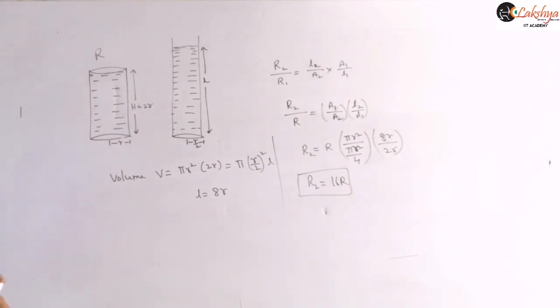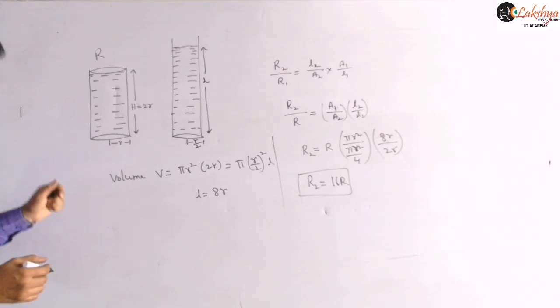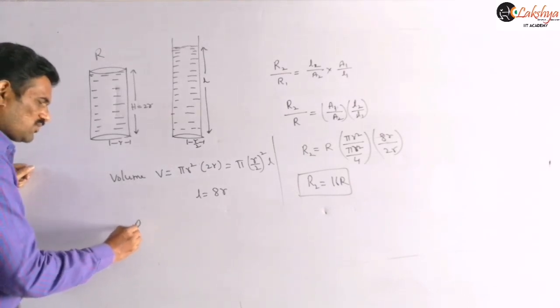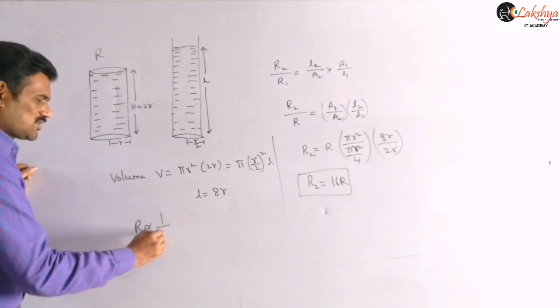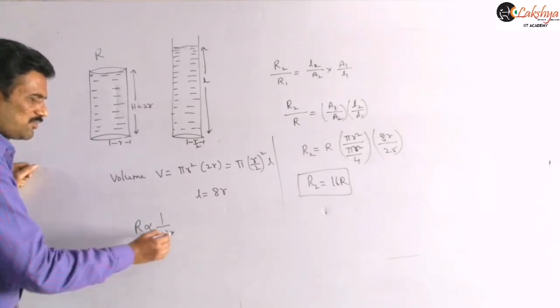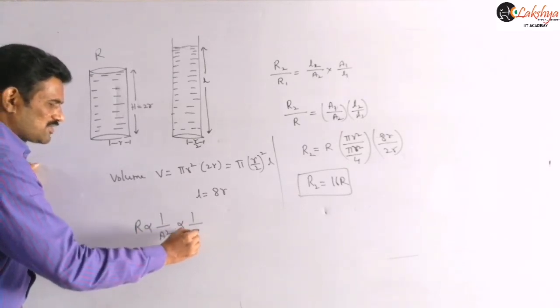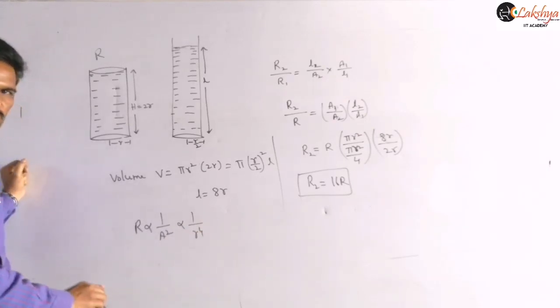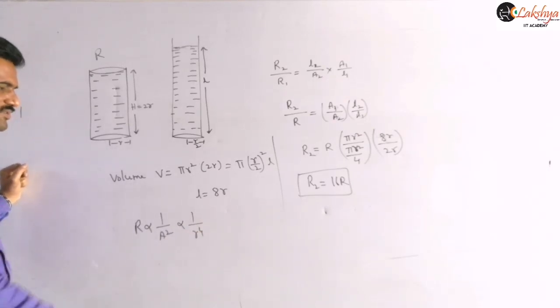Instead of doing all this calculation, this can also be solved directly by our stretched wire method, because here also the volume of the liquid is constant, just as the volume of the wire is constant in a stretched wire. In a stretched wire, when you know the area of cross section, R is inversely proportional to A square, or inversely proportional to r power 4, where r is the radius of cross section.